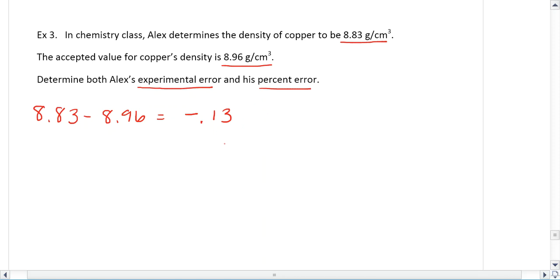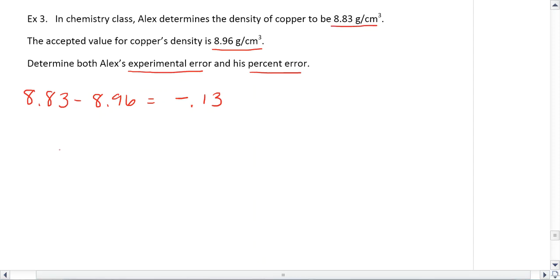It doesn't matter if he is off by being above or below the known value, which is why your book writes this as an absolute value. So if I would show you what that looks like, we'd have the absolute value of negative 0.13. And again, the negative sign is irrelevant. It doesn't matter. And we're dividing by the known value.